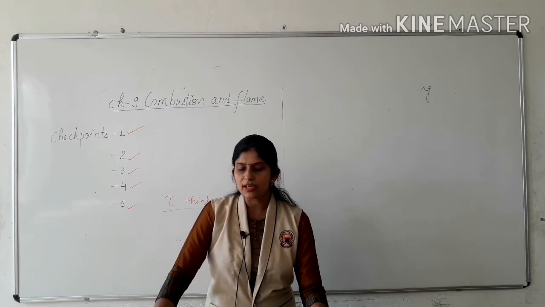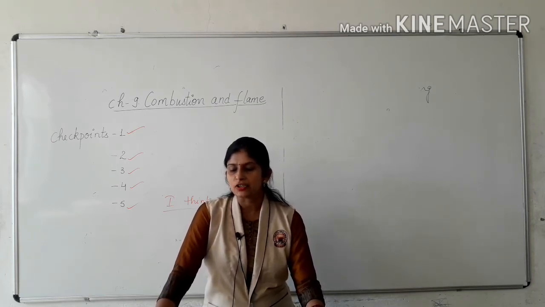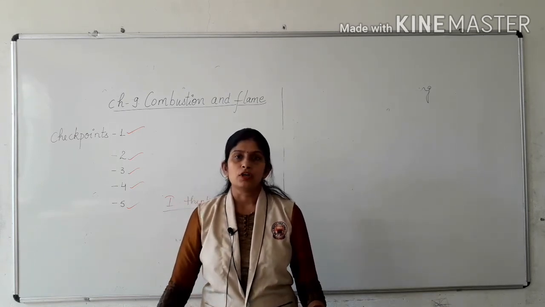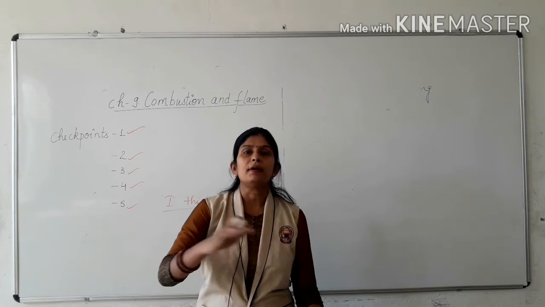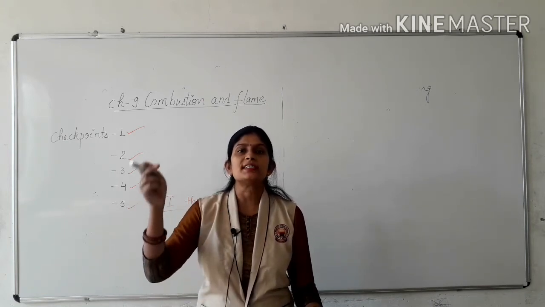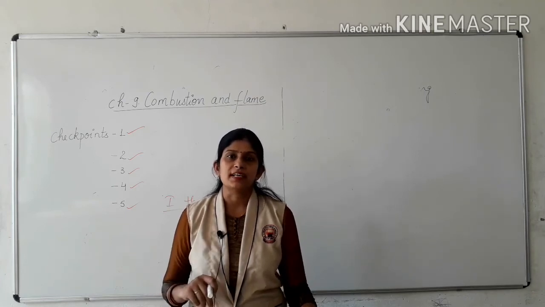Third, how does water poured on a burning log of wood help extinguish the fire? See, when we pour or spray water on a burning substance, that water lowers the temperature of the burning substance.